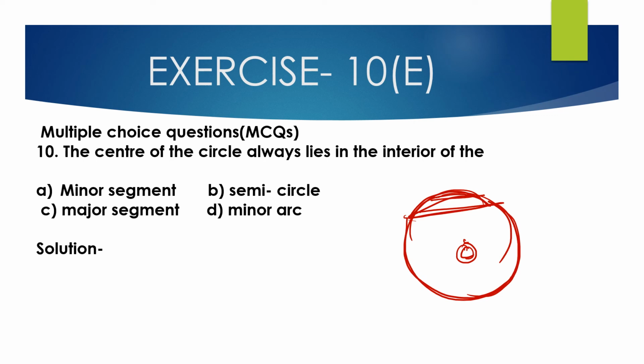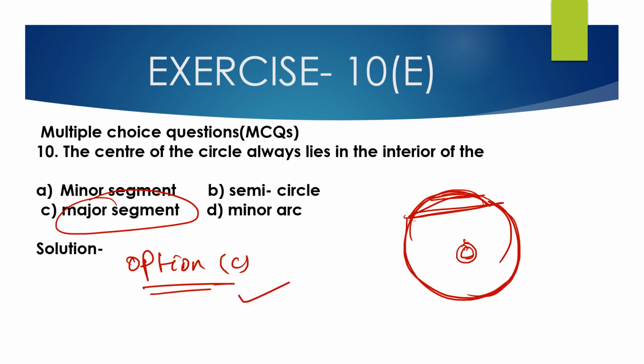This is the minor segment and this is the major segment. The center is exterior of the minor segment, and for the semicircle it lies on the circle, and for the minor arc it is also exterior. So option C, major segment, is the correct option.